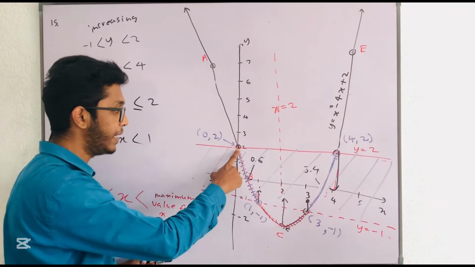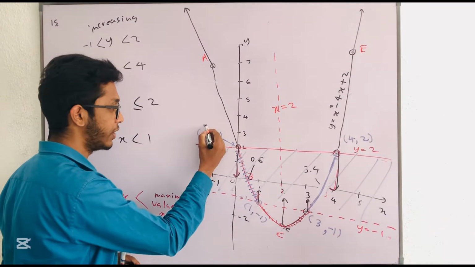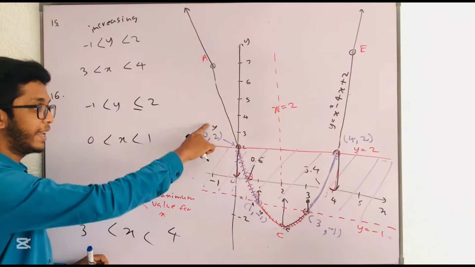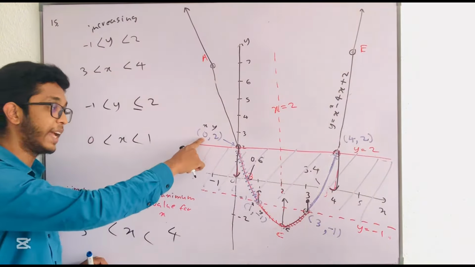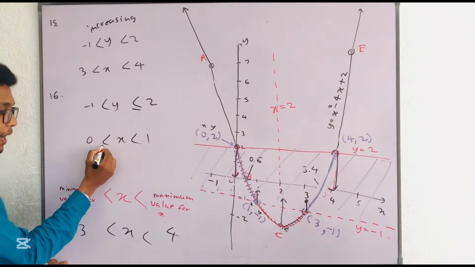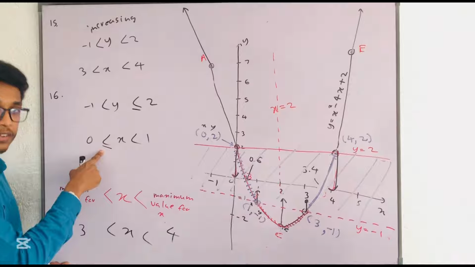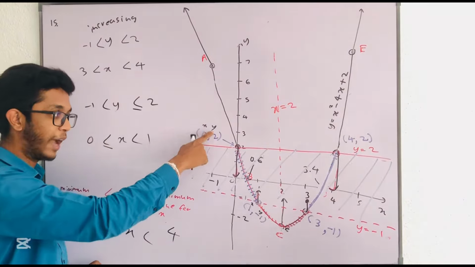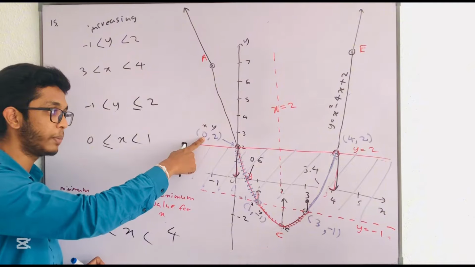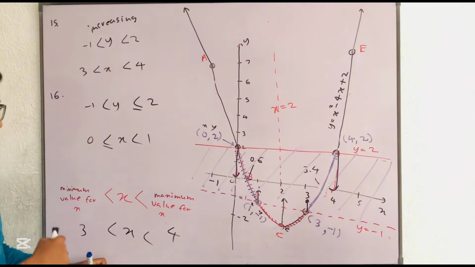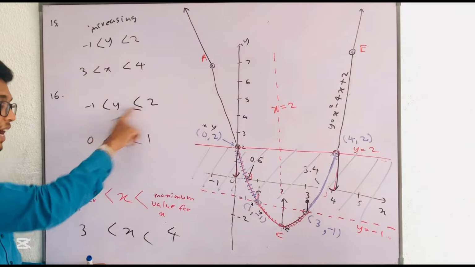So y can be equal to 2 means, this is the x value, this is the y value. Y can be equal to 2 means x can also be equal to 0. So for this part we can write the equal mark in this inequality. But they have given y is greater than -1.